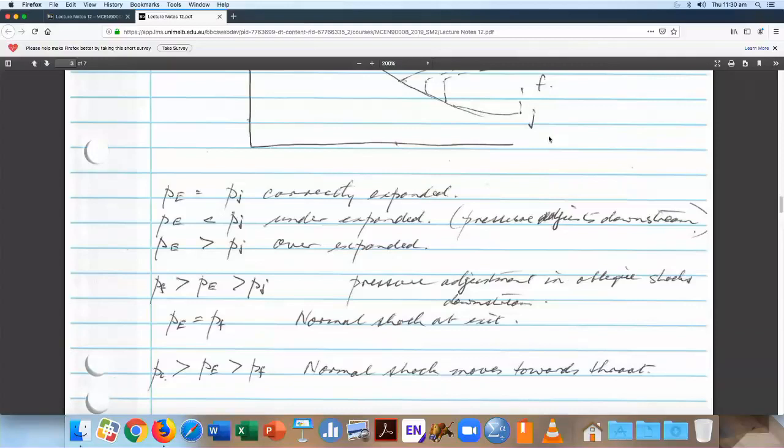And if PE is between PJ and PF, we know that a solution to our equations anyway is a normal shock at the exit. That would be conceivable. If we have a normal shock at the exit, then we will jump the pressure up and it'll go up to PF, right?